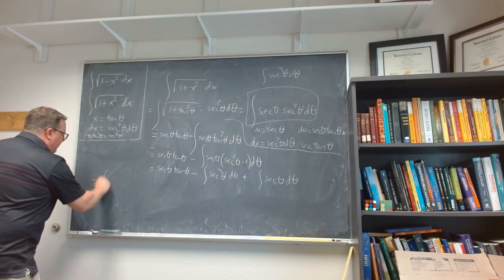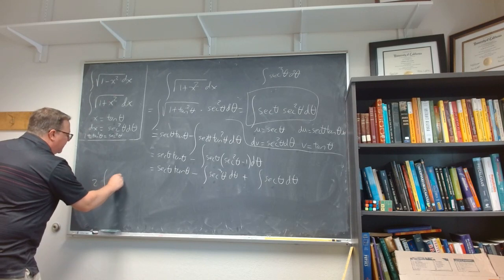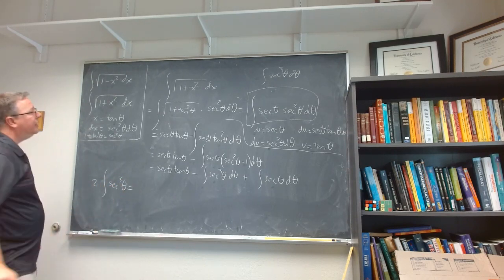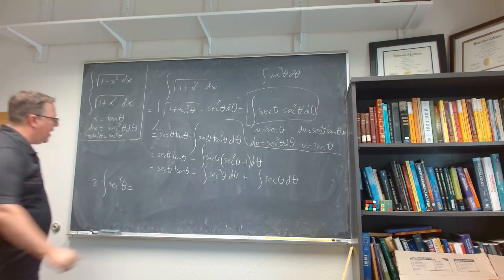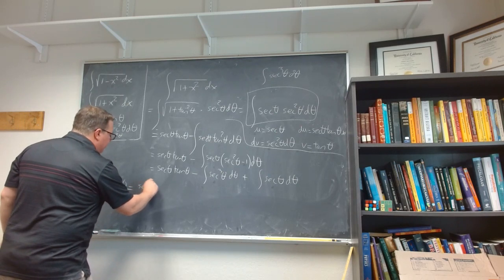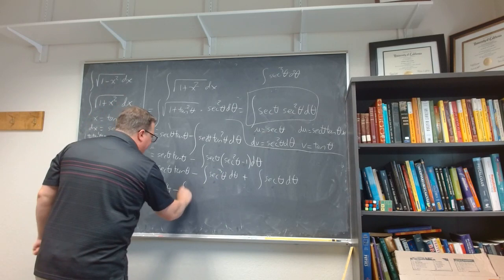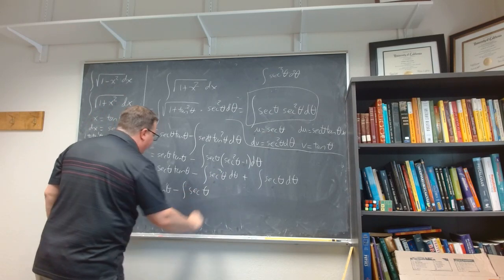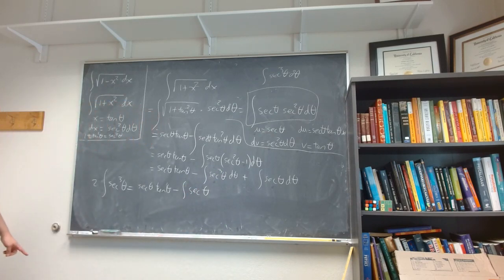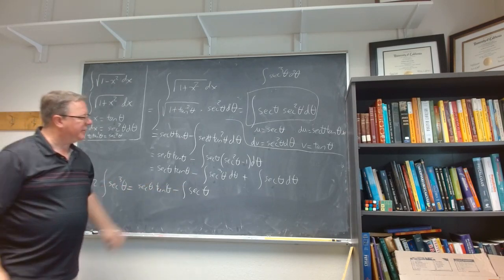So I get twice the integral of secant cubed of theta equal to everything else: secant theta, tangent theta, minus the integral of secant theta. And so my integral of secant cubed is just going to be 1/2 of all of this.